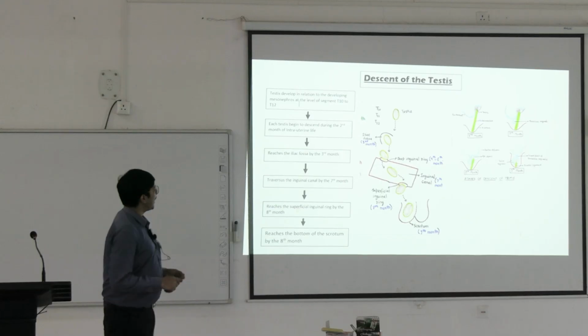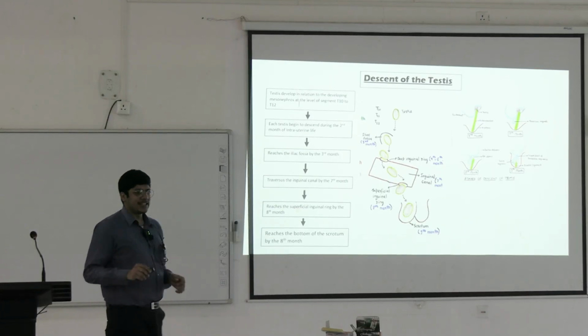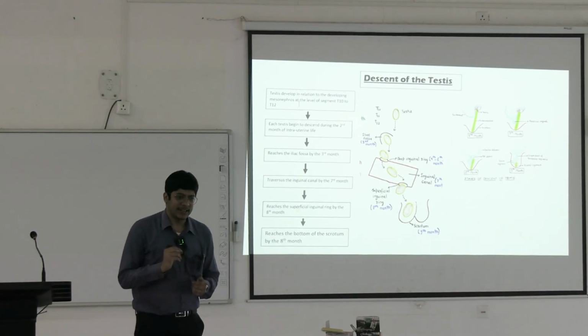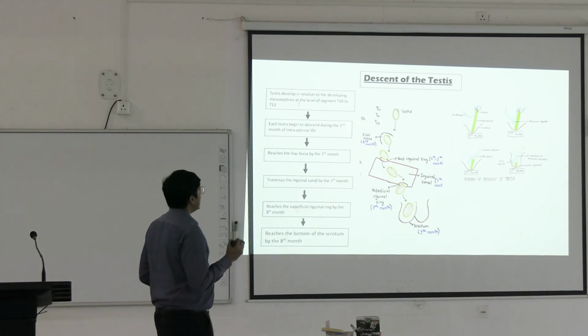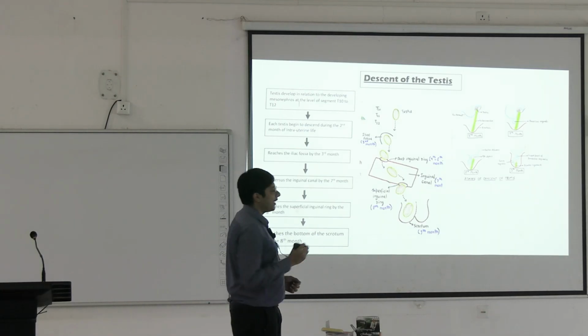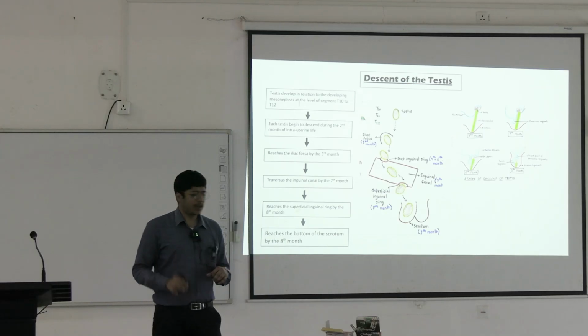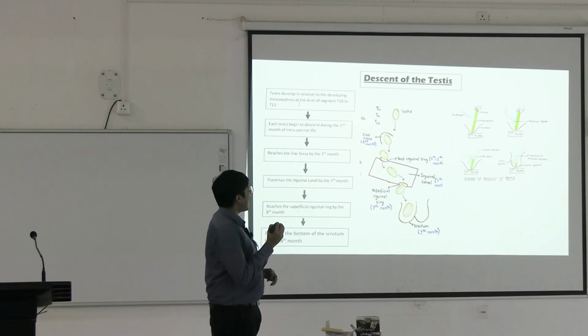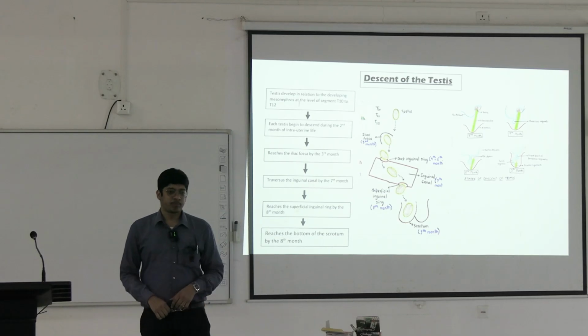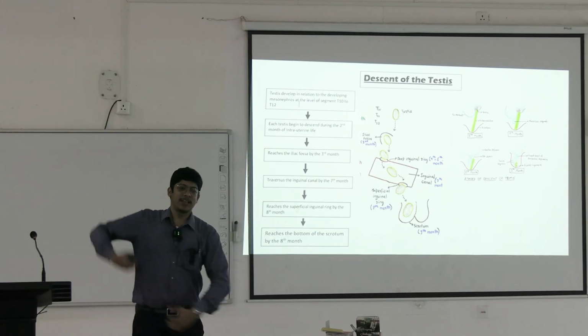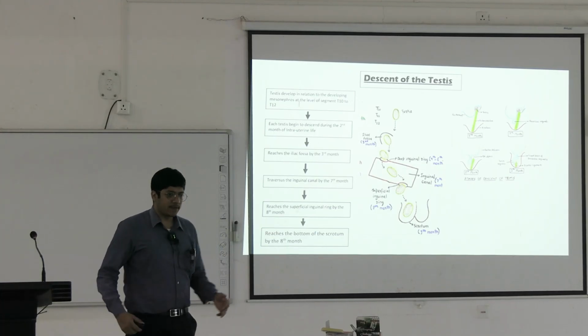If you remember from last class, the testis develops right beside the kidney at the T10, T11 level over the posterior abdominal wall as a gonadal ridge. Now, this testis gradually descends and the kidney gradually ascends. You remember ascent of the kidney.